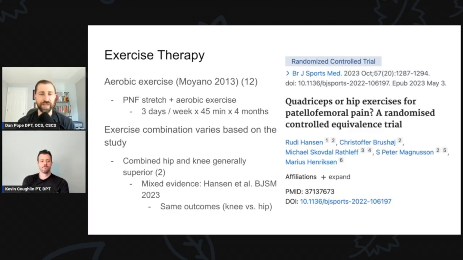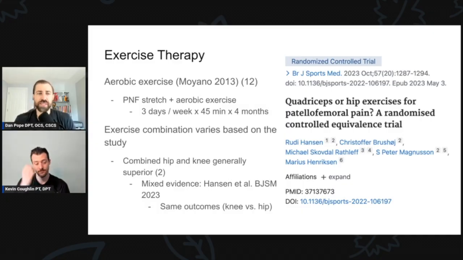So I was like, what the heck were they actually doing? But what I will say is if you do stretching in one group and the other group does PNF stretching plus aerobic exercise, the aerobic exercise with PNF stretching group did better, right? So is there great research to show aerobic exercise is more beneficial in other types of treatments or nothing? Not really. But I just thought this was interesting.